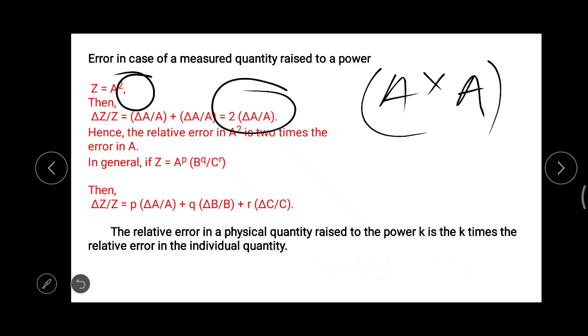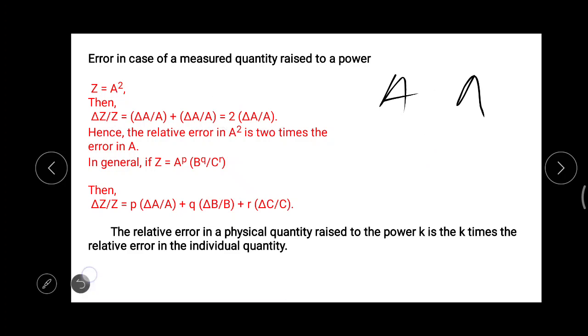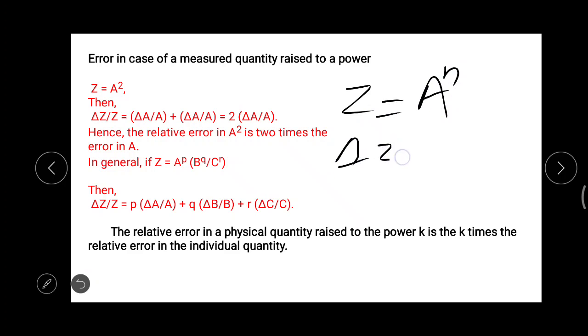Suppose it is n: if you are going to find the error in the value a raised to n, that is, z is equal to a raised to n, then the relative error in the resultant, delta z by z, will be equal to n times delta a by a.